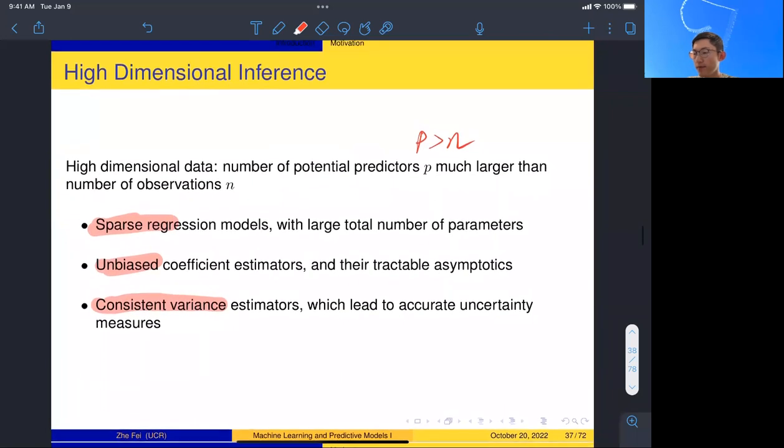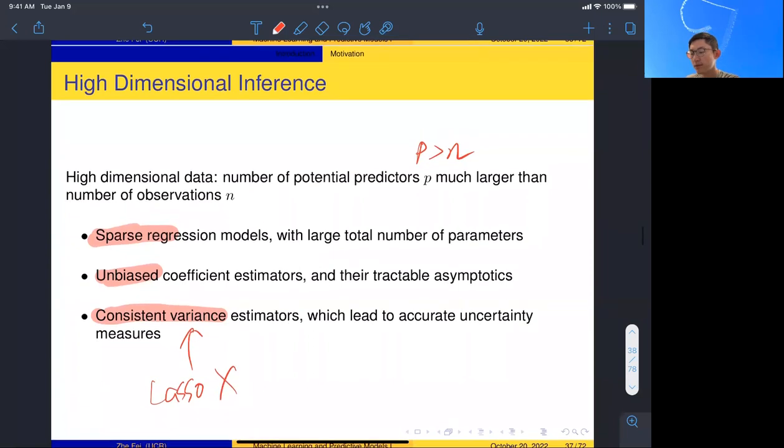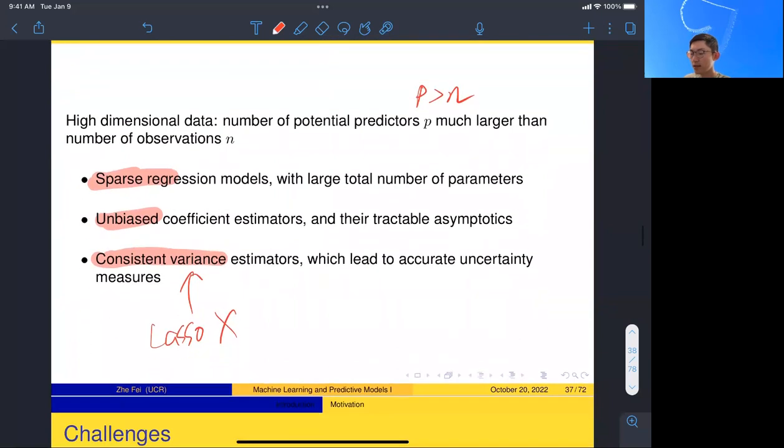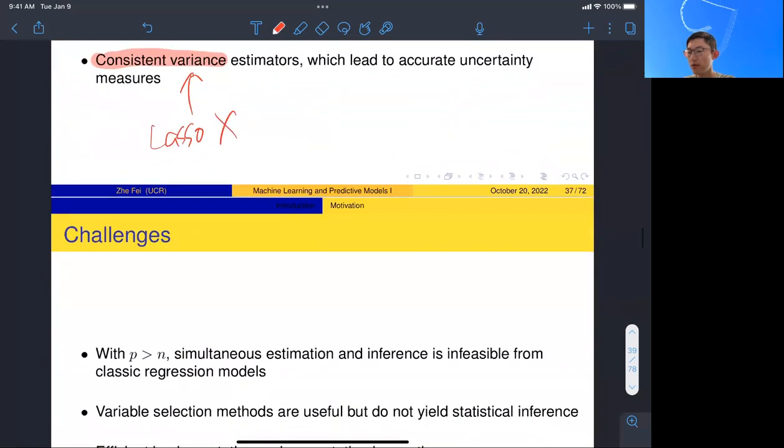Compared to the lasso or variable selection, essentially lasso does not provide a variance estimate. So there's no inference or variance estimate for lasso. That's the key advancement when we consider high dimensional inference.